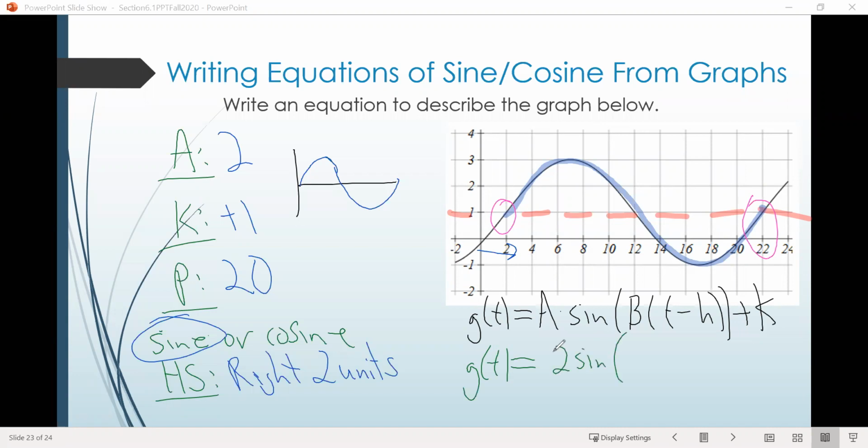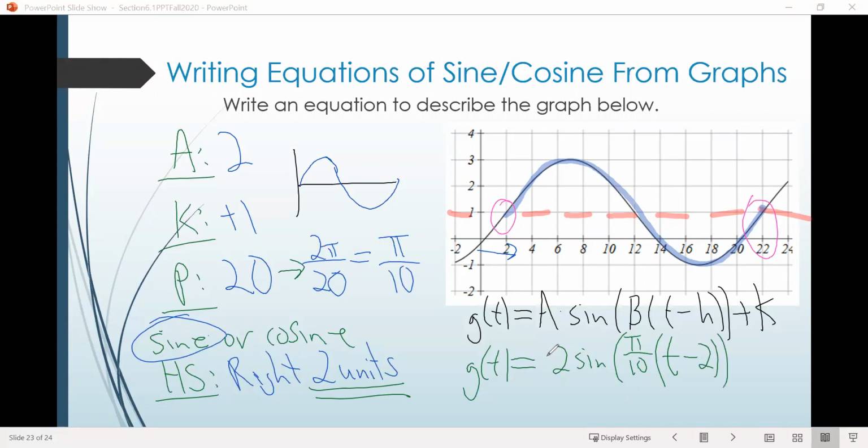For the value of b, again, we do our formula with our period, so it'll be 2 pi over the period, which is 20, which reduces to pi over 10. Times, on the inside, we do the horizontal shift, and because it's to the right 2 units, using our house of lies, this should be t minus 2. And then finally, plus the value for the midline, which is +1.